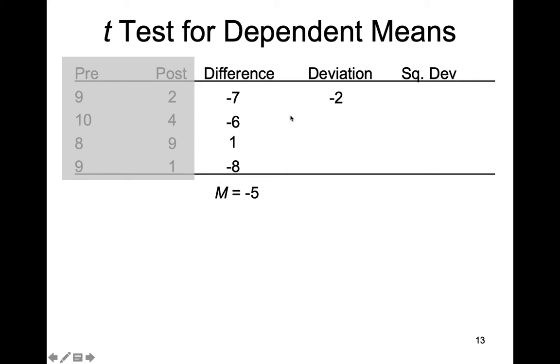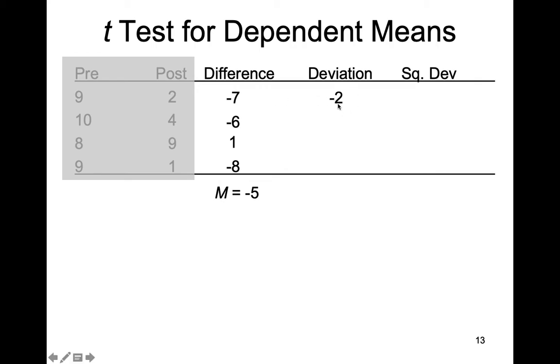Okay. So again, here too, we have to make sure that we're doing our mathematical operations in the correct way. So we're taking this difference score of -7, and we're subtracting a -5. Subtracting a -5 is the same as adding a 5.